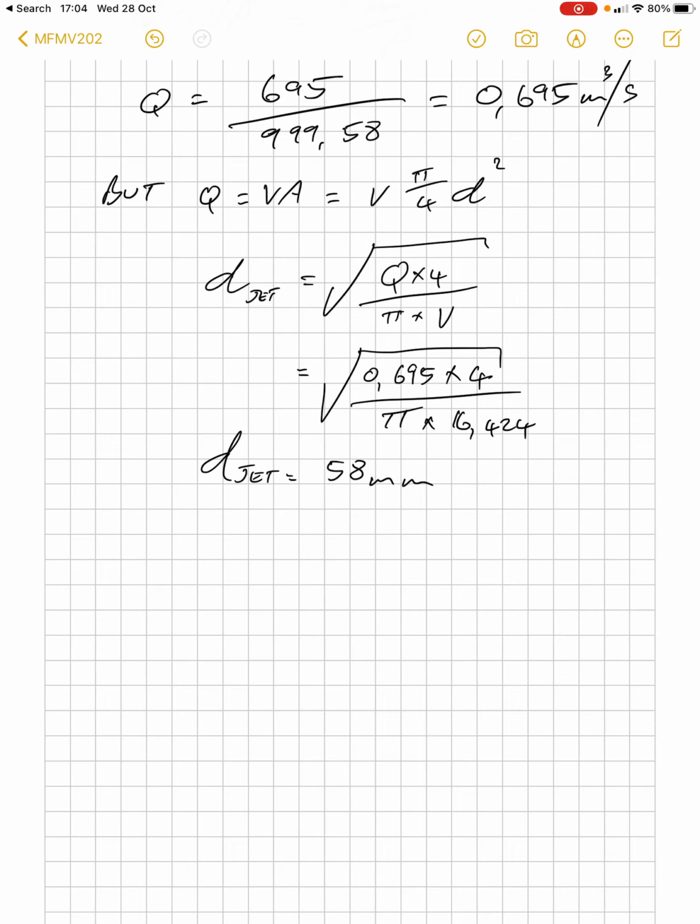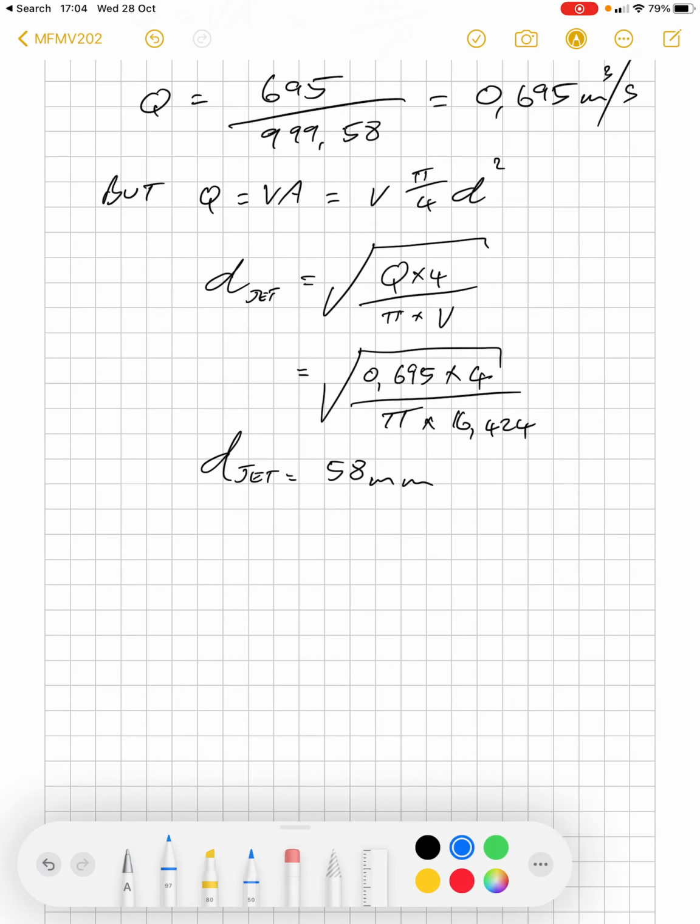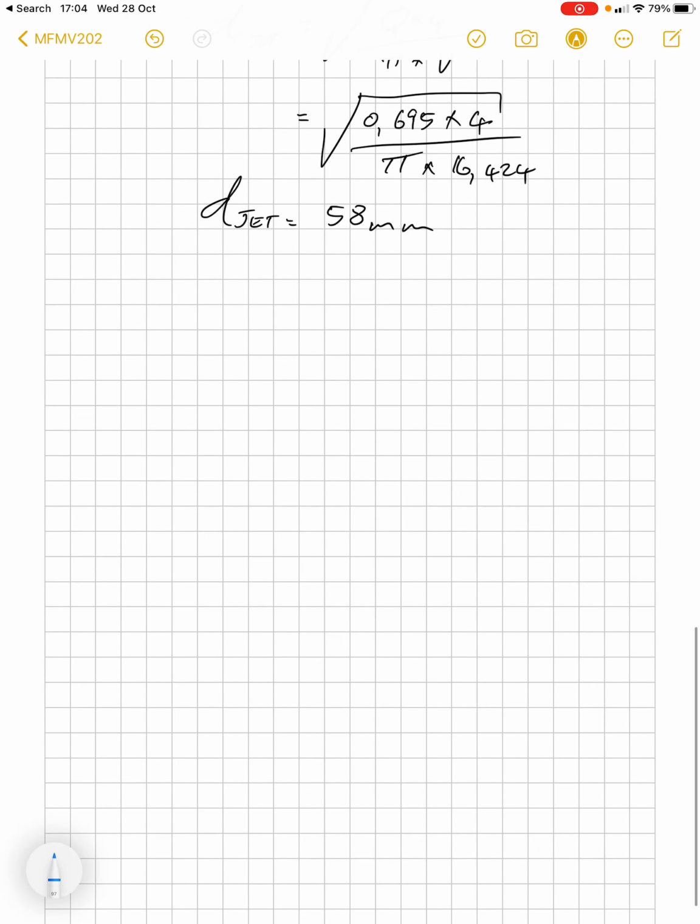So question 2.2 is the number of pipes required for the system.